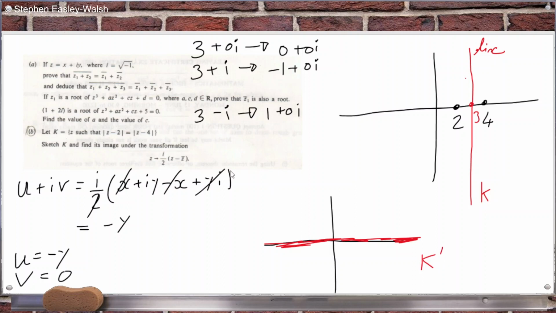So I think what's interesting about this is this part here, the z minus its conjugate divided by 2. So that's going to cancel the real components, leaving only the imaginary component. And then we multiply by i. So it rotates by 90 degrees.